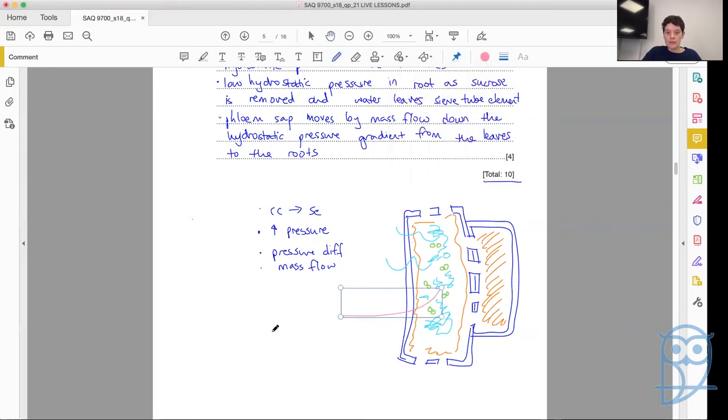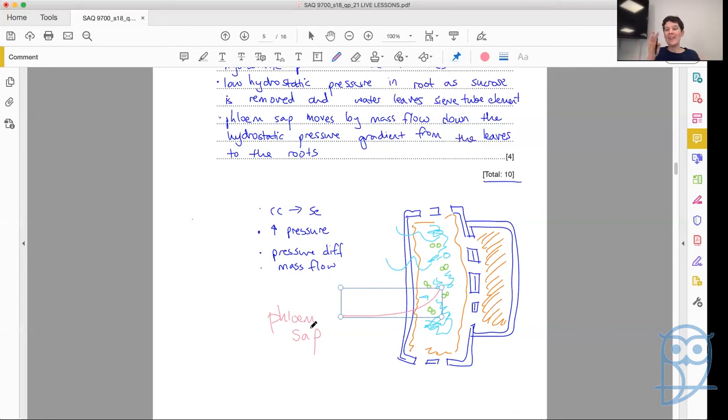So the sucrose is in solution in water, and therefore when the water moves, it's going to take everything with it. So it's the same way if you have a glass of Oros, if you pour the water out, the Oros goes too. The Oros doesn't stay in the glass and then the water pours off.